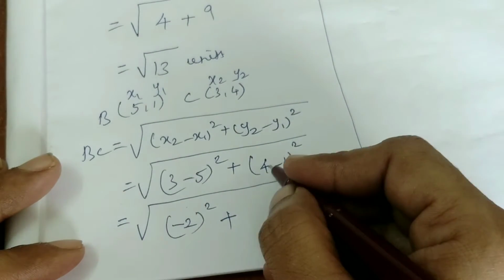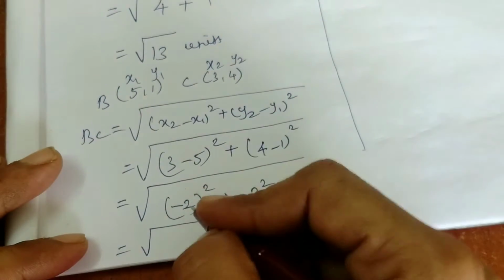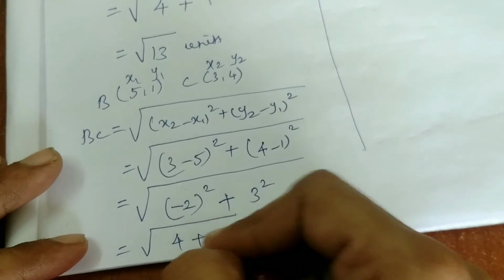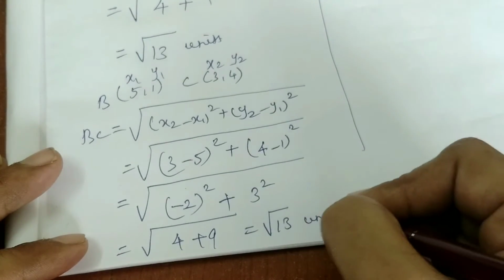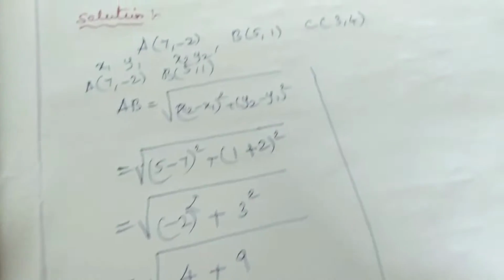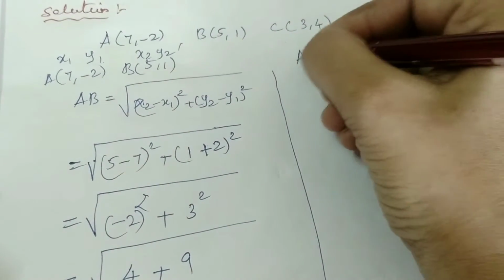Minus 2 the whole square plus 3 square, equal to square root of 4 plus 9. Again root 13 units.